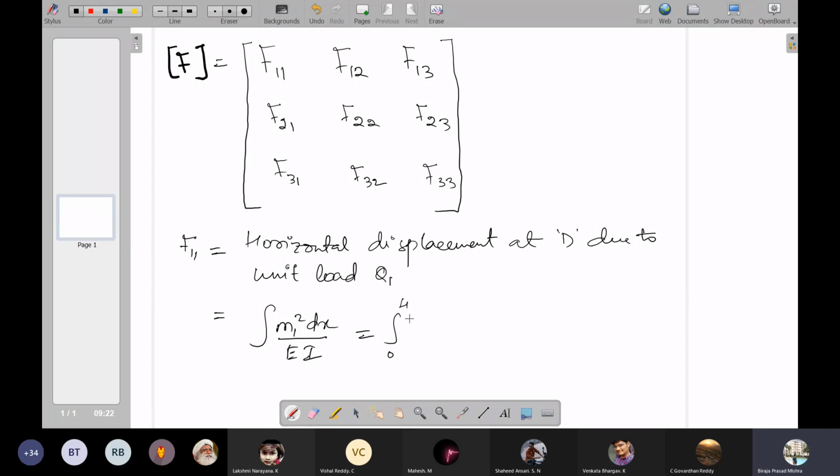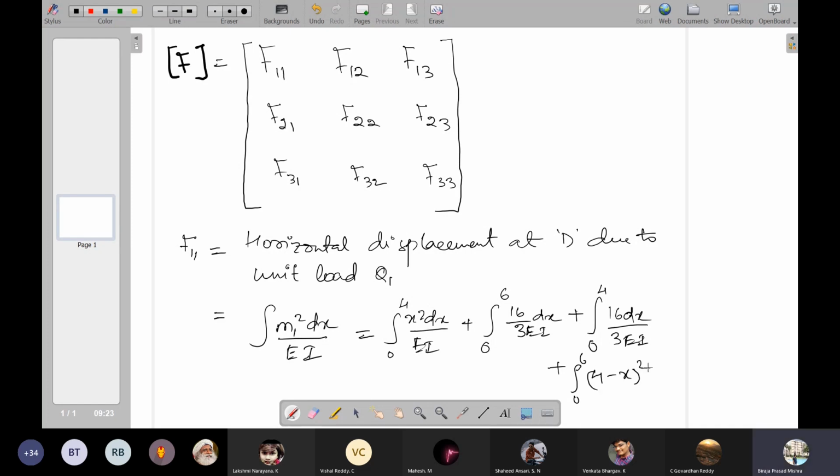So it is integration 0 to 4 x square dx by EI plus integration 0 to 4, 16 by 3EI into dx, plus integration 0 to 4, again 16 into dx divided by 3EI, then plus integration 0 to 6, 4 minus x whole square dx by 2EI.